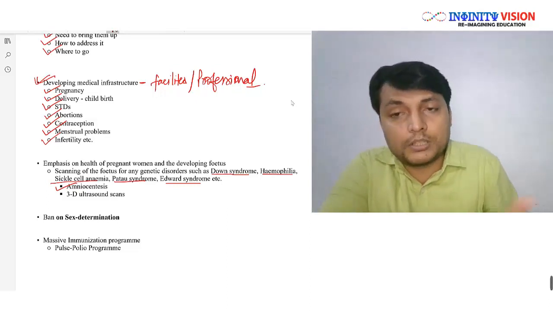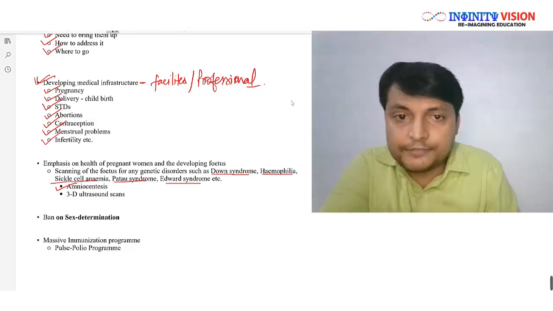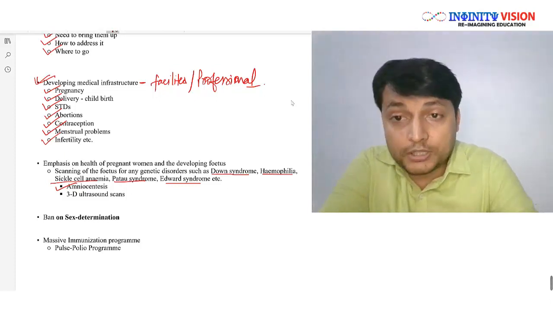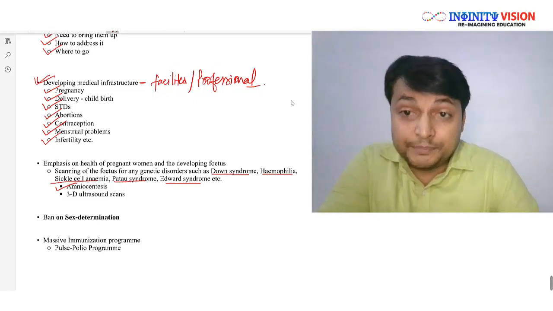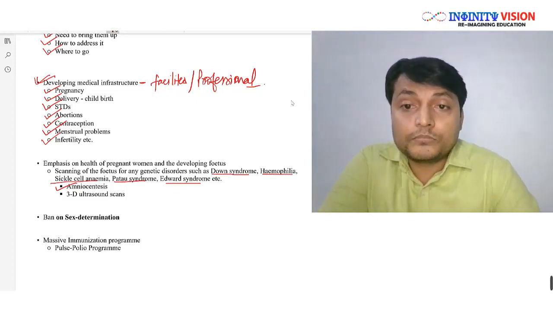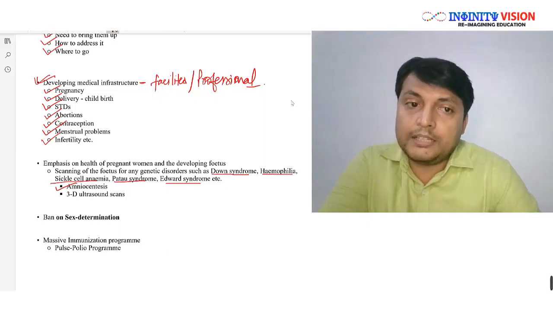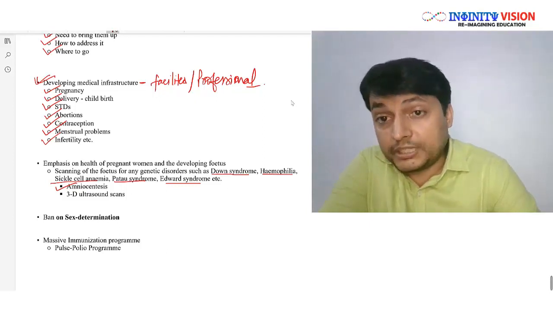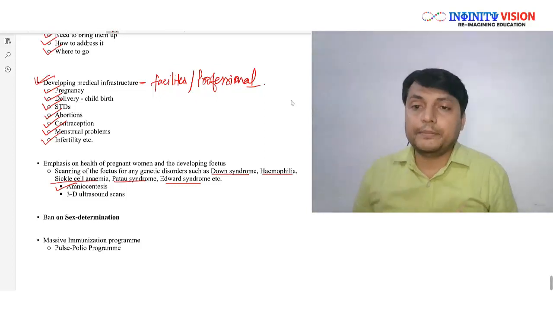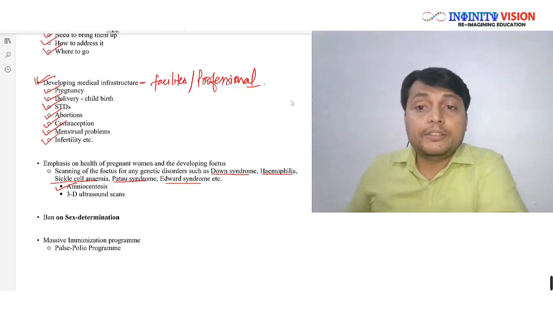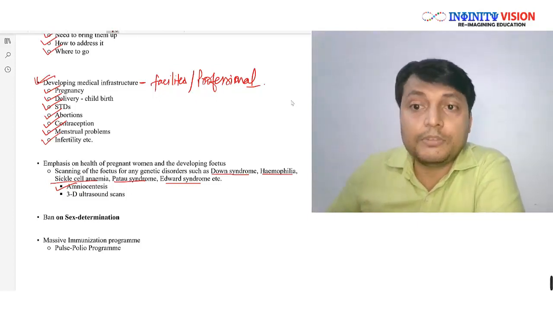We tell them all the possibilities. If they want to go with it, well and good. If not, they can abort. ठीक है, वैसे आपको बता दूं कि abortion in our country is illegal, but the government allows it in certain medical conditions, okay, and genetic disorder is one such condition. ठीक है, अगर मान लीजिए कि किसी fetus को कोई problem है, ऐसा genetic disorder है, then they can get consent to abort this child, and that will be a legal process.